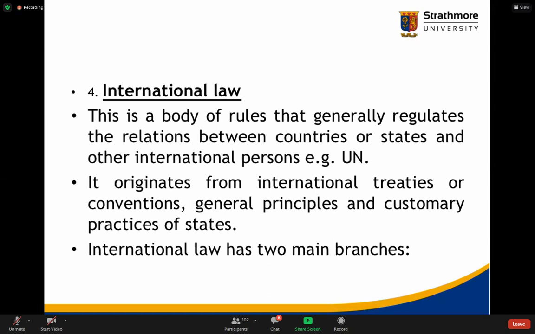Can anyone share with us the knowledge they have? What is a treaty or a convention? A treaty, class?